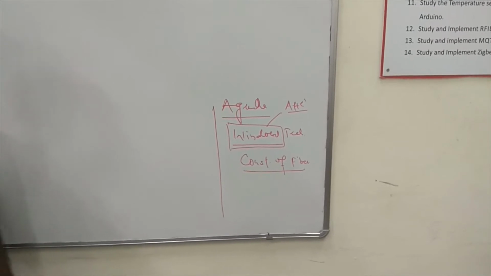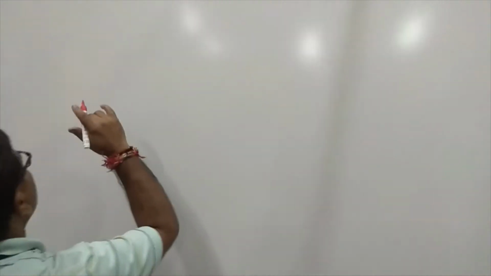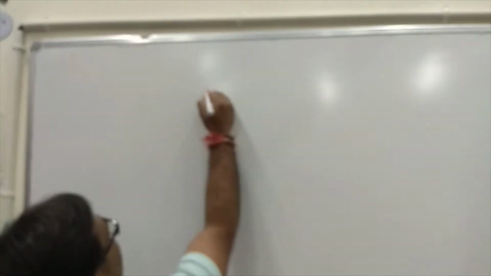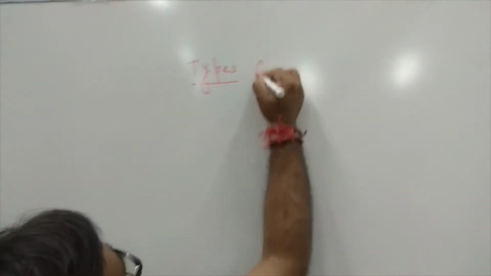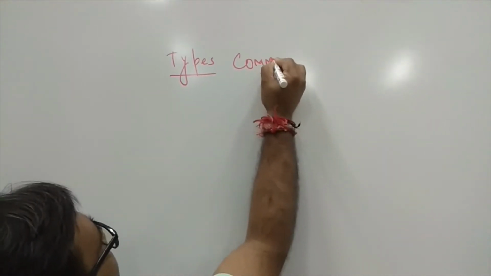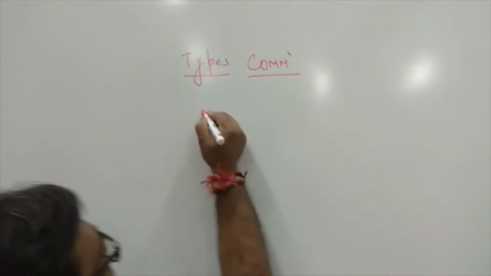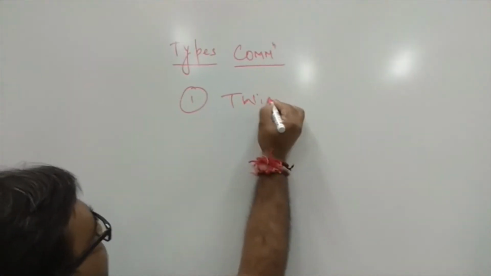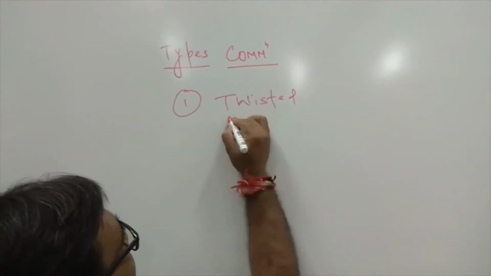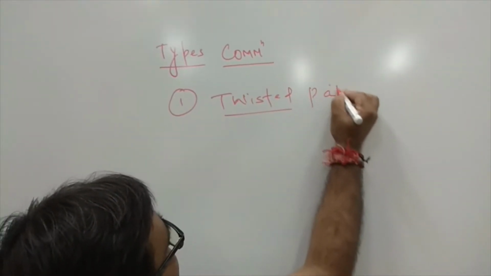So first one is the window techniques. Before window techniques, I will explain some types of communication media that we are already using. In the first lecture, I already told you about twisted pair communication.